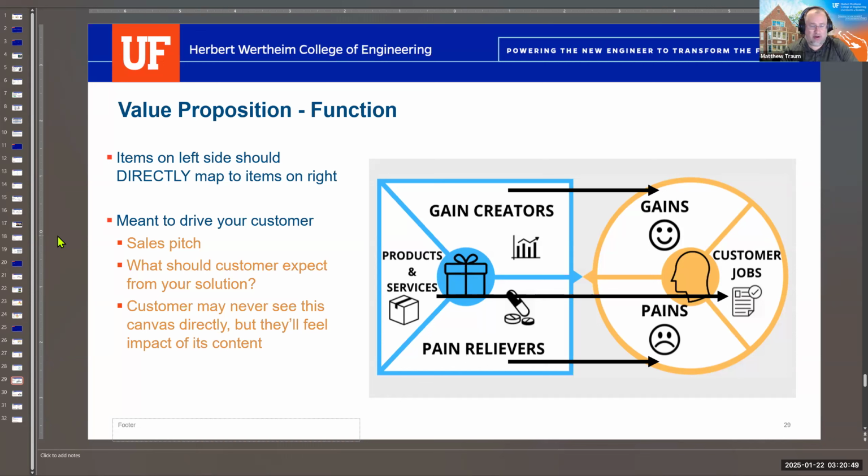So what's here should be communicated to the customer to the extent that if they were asked to recreate it, they actually know enough about your product that they could do that just from their interactions with you. They'll never probably actually see the canvas, but its impact on your product and its content should be something that your customer ultimately can articulate.